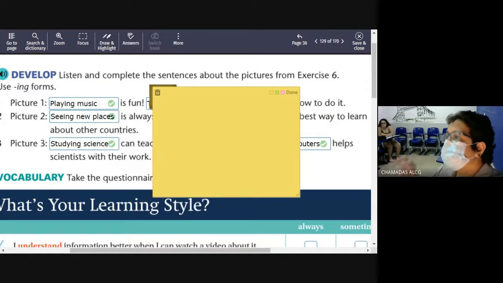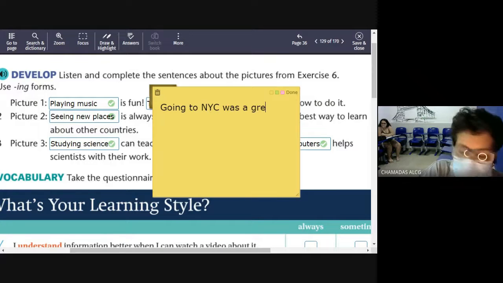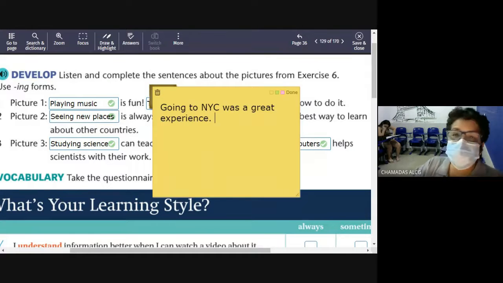And now I'm talking about my trip to New York. So I'm going to write: going to New York was a great experience. Look, my sentence is in the past, but I'm using my subject in the ing form.